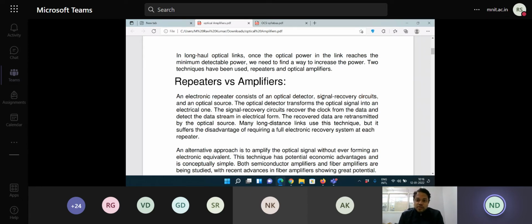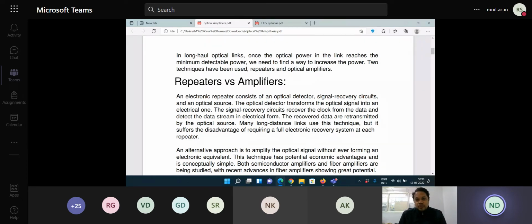Once that is done, it is again converted into optical form by using an optical source. So this is what an electronic repeater does.